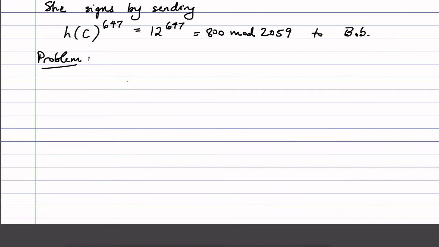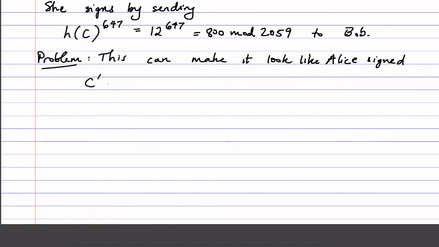That argument that Bob just gave also could be used to argue that Alice signed a different contract. So this can make it look like Alice signed. The original contract was C. Maybe it will look now like she signed C prime, which is "I owe Bob $1,000."